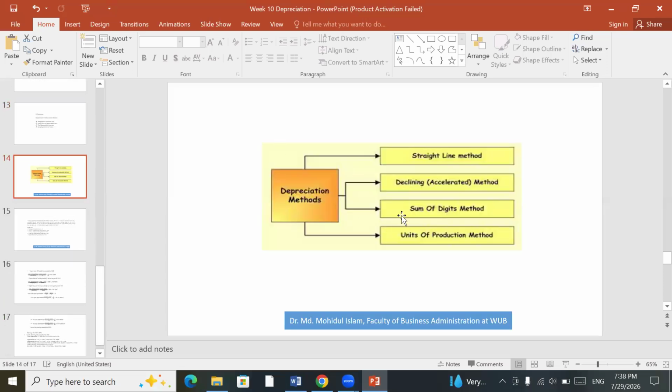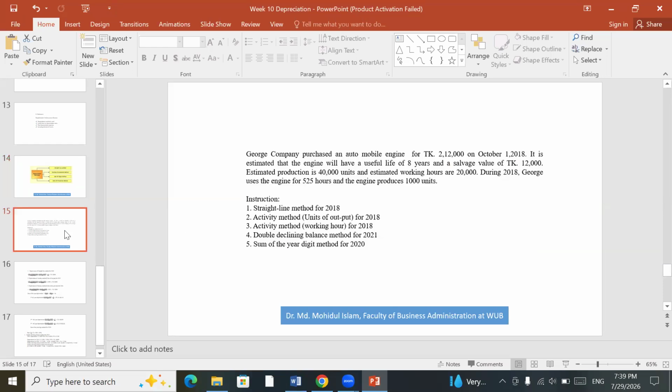These are the methods of depreciation: straight line, declining, sum of the year digits, and unit of production. And this is the simple math about depreciation.